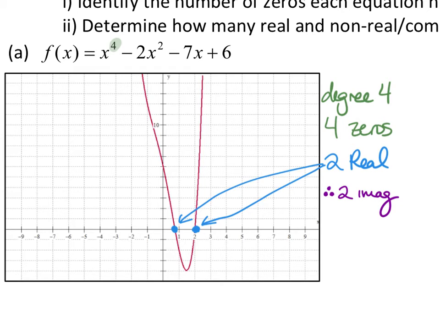Which makes sense because you can't have one imaginary solution. You're always going to have at least a pair of them, so 2, 4, 6, 8, or 10. So if we have 2 real ones showing and we know it's a degree 4 polynomial, we have to have 2 imaginary solutions.